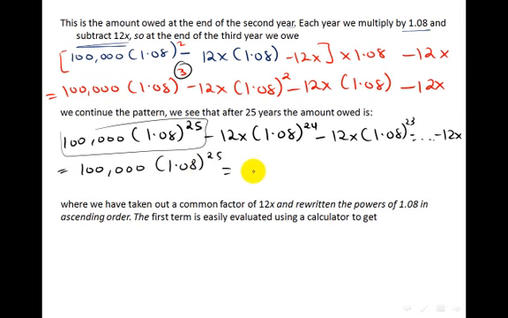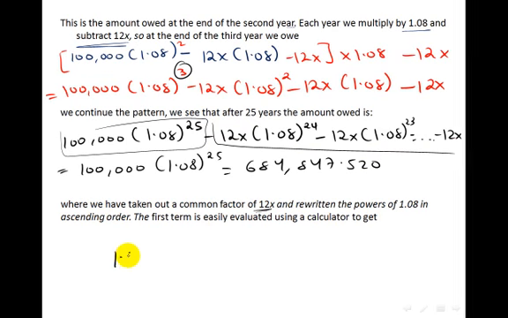If you calculate this one separately, you will get 684,847.522. So from here, this part got a 12x, 12x, 12x. So what if you take the 12x as a common factor? Here we have taken a common factor of 12x and rewrite the power of 1.08 in ascending order.